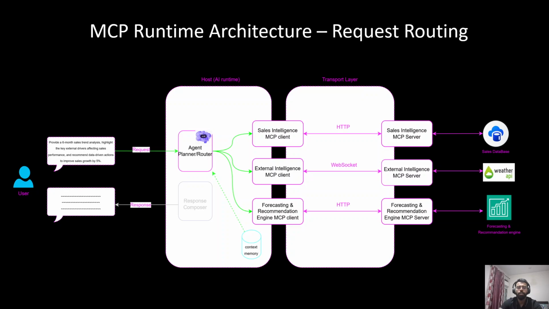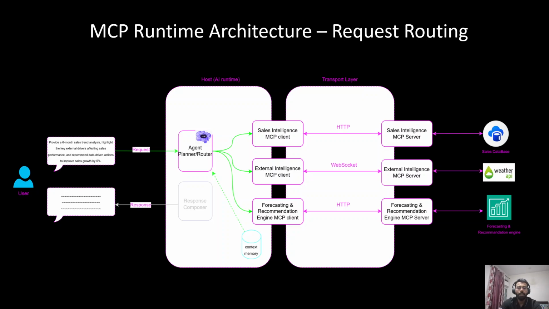The host receives a query or a command from the end user, as mentioned in the picture, which is first processed by the agent planner or router, the LLM-powered component. The primary role of the agent planner is to analyze the user input and decompose it into appropriate executable tasks.